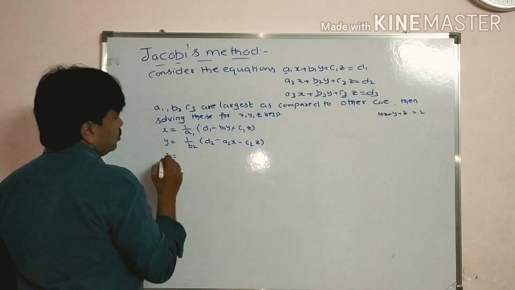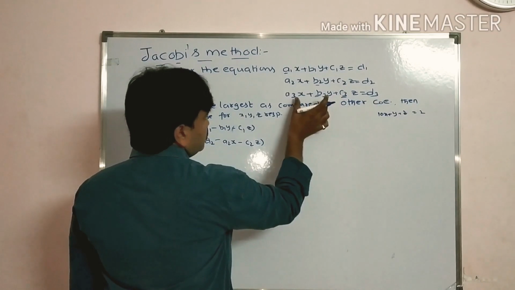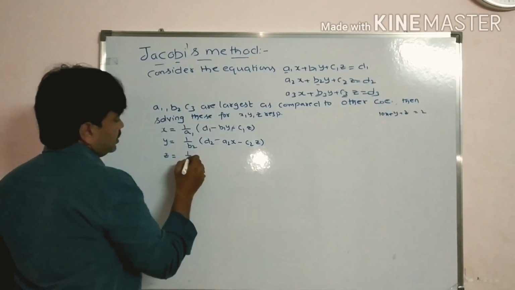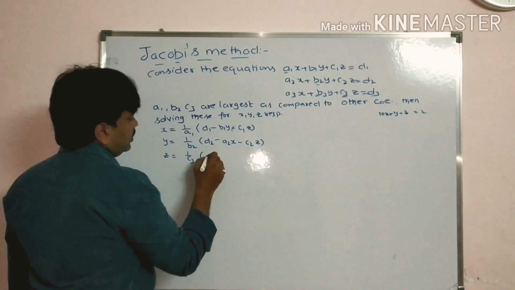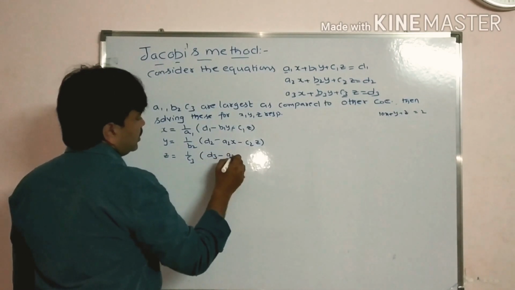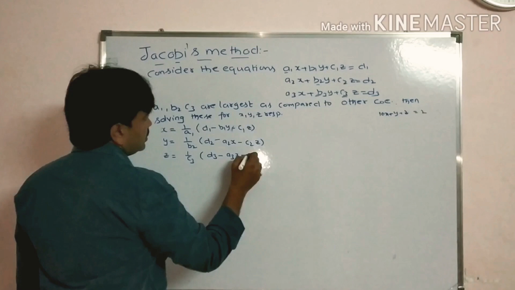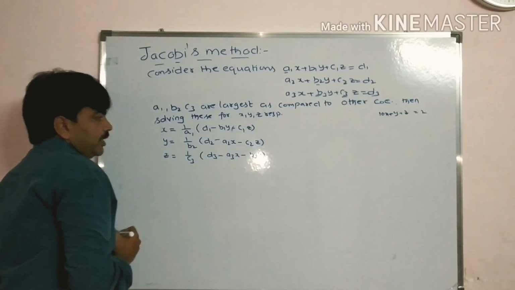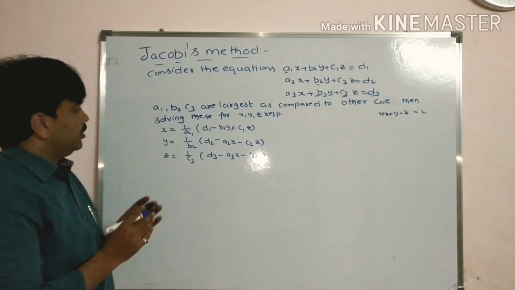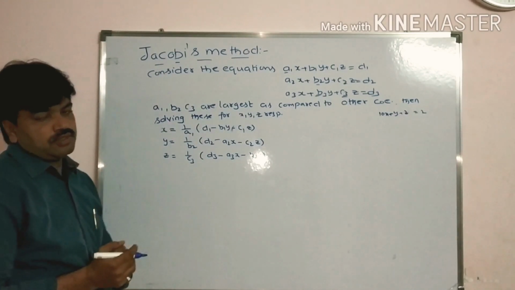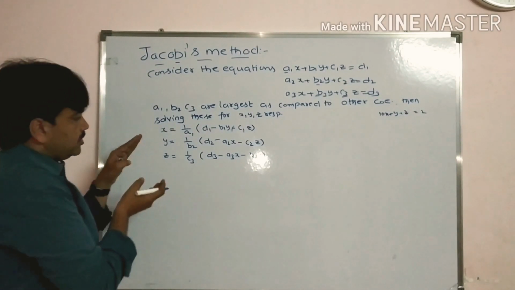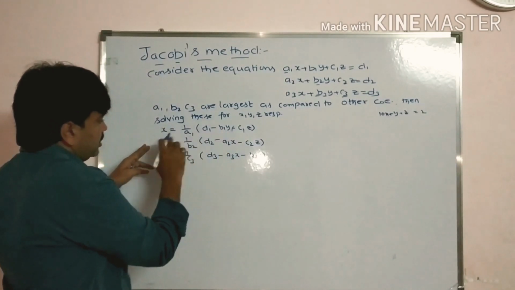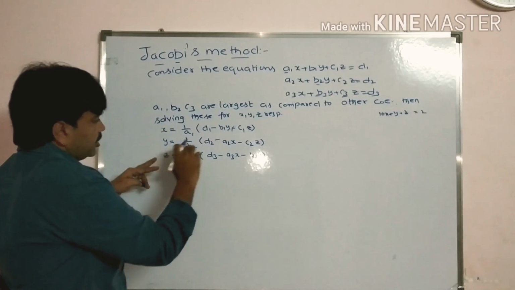And z is equal to 1 by c3 into d3 minus a3x minus b3y. You first rearrange the terms like this, students: x in terms of y, z; y in terms of x, z; z in terms of x, y.